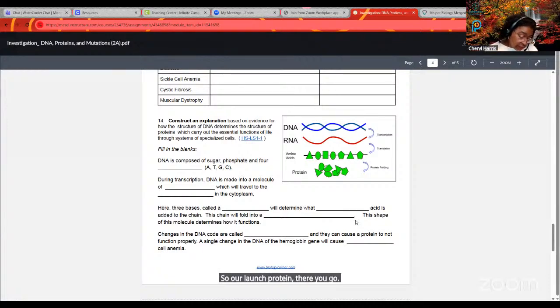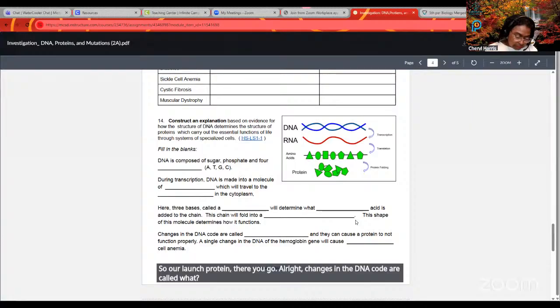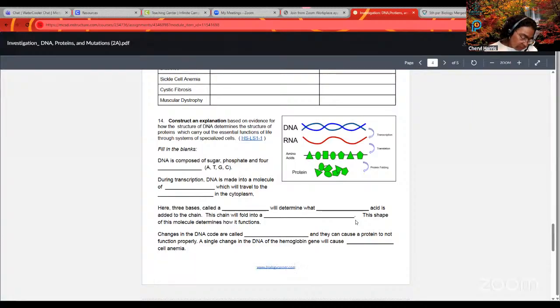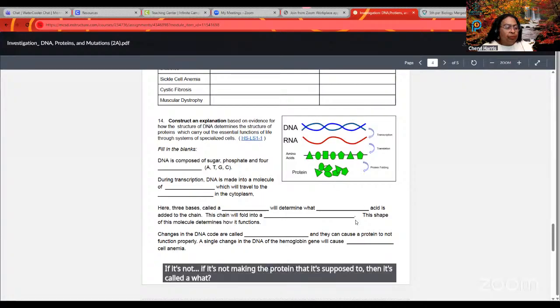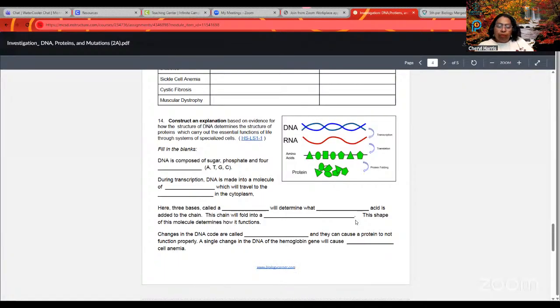All right, changes in the DNA code are called what? Transcriptions. No. If it's not making the protein that it's supposed to, then it's called a what? Generally speaking, if it's not the protein, it's a mutation.